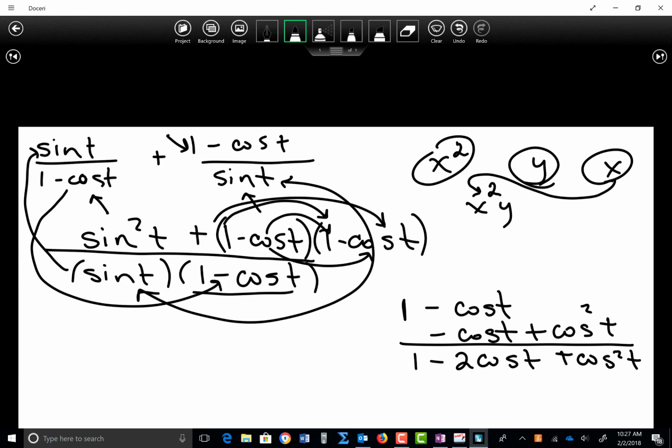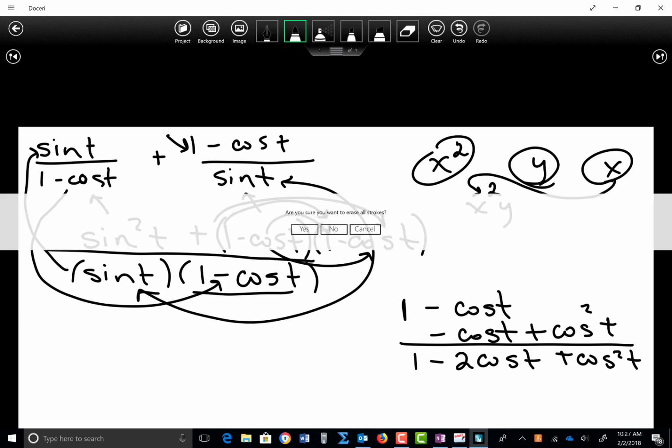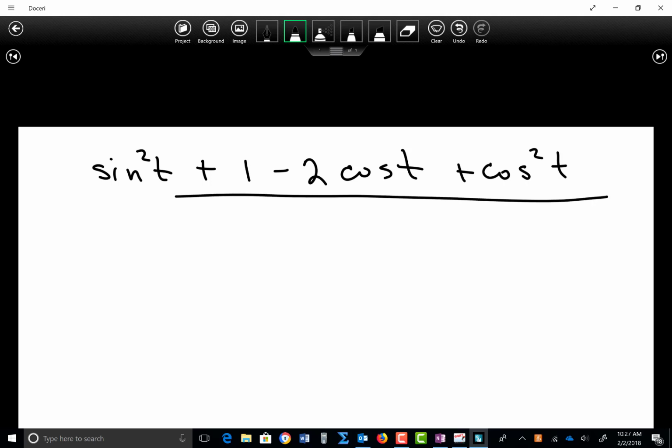So let me clear it and let's write down what we have so far. We have sine squared plus, and then we have what we multiplied out, which is 1 minus 2 cosine t plus cosine squared, and we have our common denominator still down there.